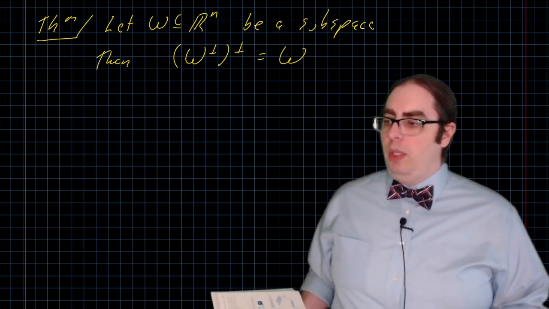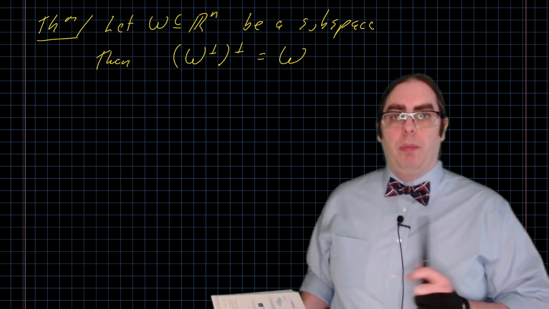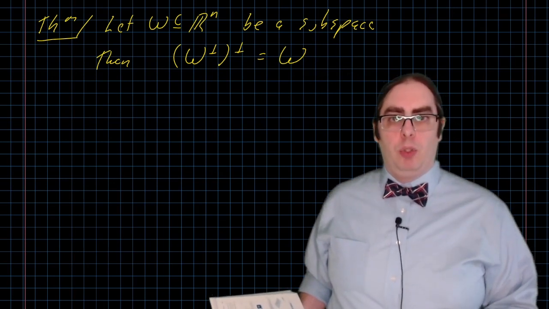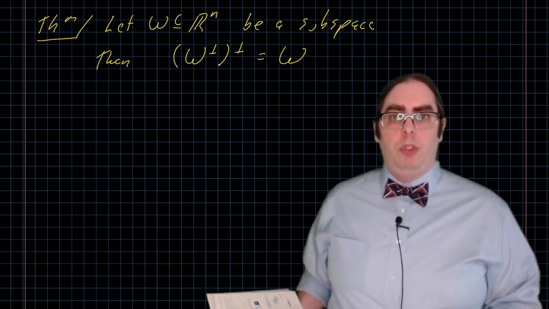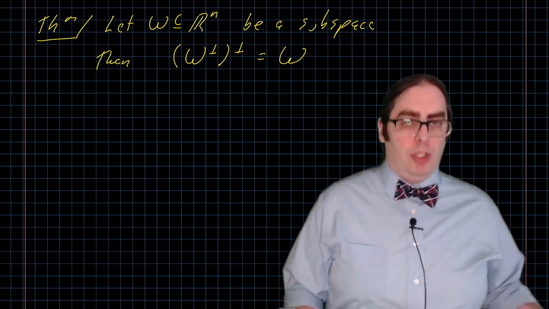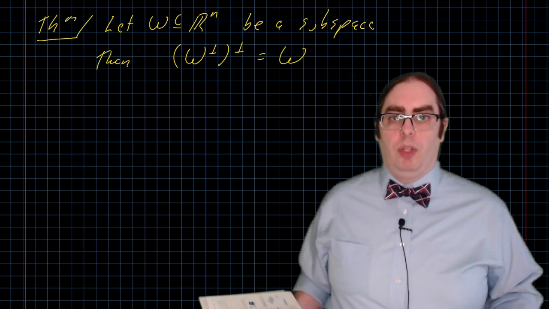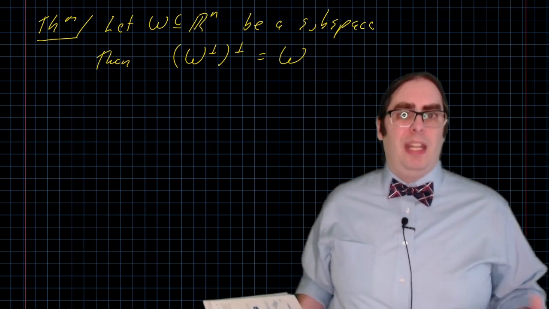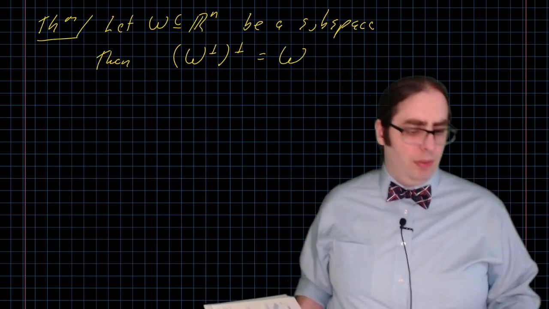We know that everything in W is perpendicular to everything in W complement, which means that everything in the orthogonal complement is perpendicular to everything in W. It's a cyclic relationship. It makes sense that it would bounce back to itself like this.